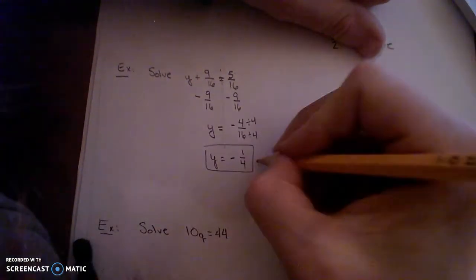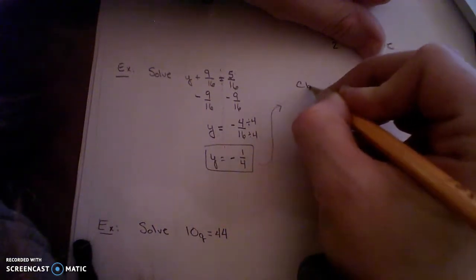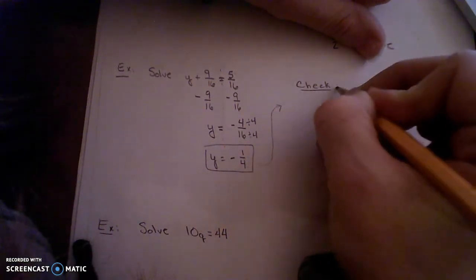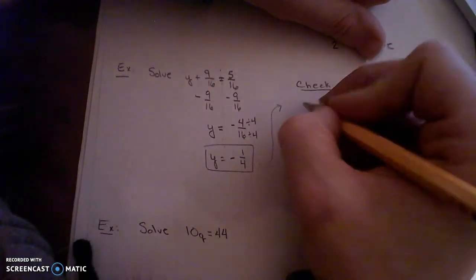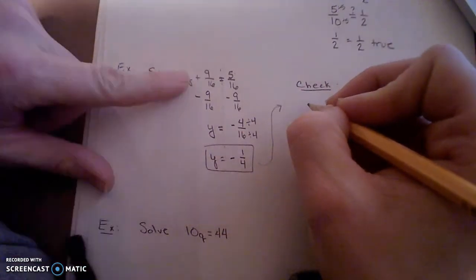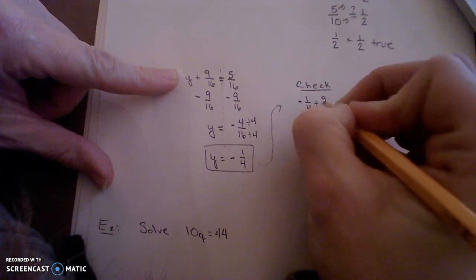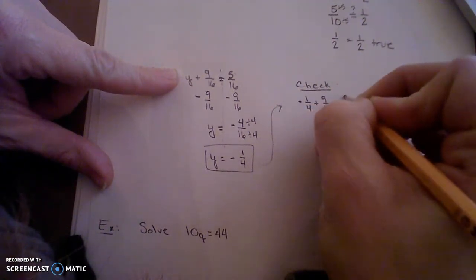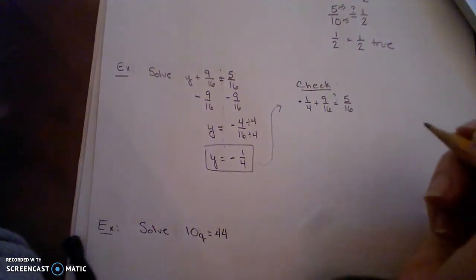All right, we can always go through the process of checking our answer to see if this actually is a solution to that equation. So I'll plug negative 1/4 in for y here. So I'll have negative 1/4 plus 9/16 equals 5/16. And we're trying to see if that's a true statement.